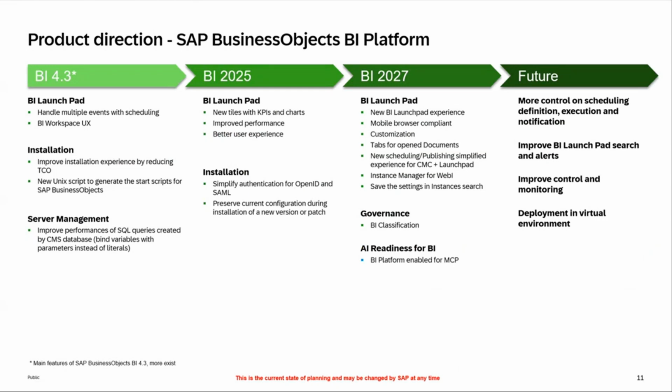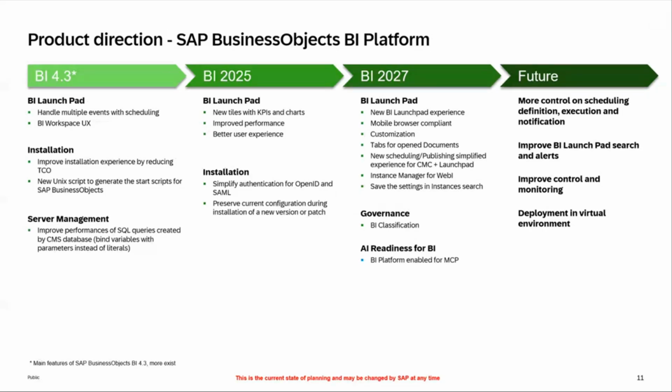So here are 2 slides of roadmap, and again, it will be much more impactful to see in action with Grégory's demo. But at a really high level, in terms of the platform, what we will continue to invest in is decreasing the total cost of ownership. So with BI 2025, we've already worked a lot on making upgrades easier.